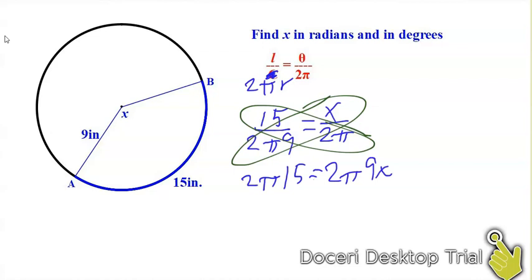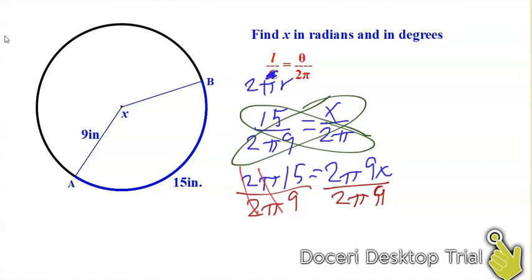And you know what? We want to get x by itself, right? So what I'm going to do now is divide by 2 pi times 9. Divide by 2 pi times 9. And would you look at that? I've got stuff canceling out here again, don't I?